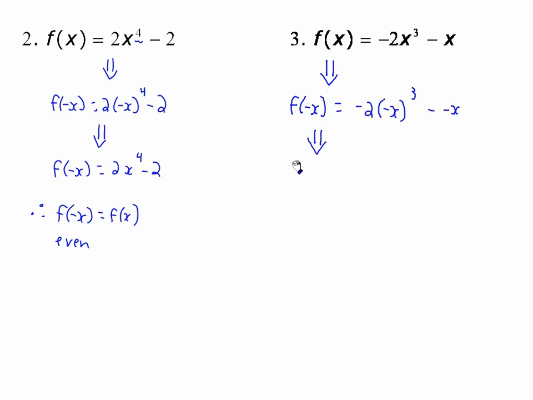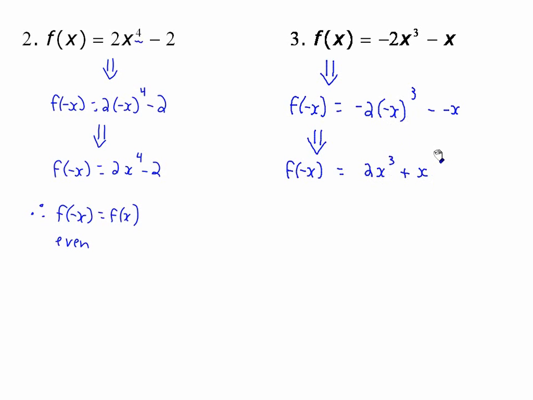Keep going. f(-x) is equal to, well, now hold on a second. This is negative 2 times this negative x cubed is negative x cubed. So negative x cubed times negative 2 is positive 2x cubed plus x.